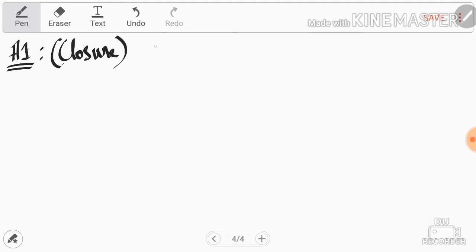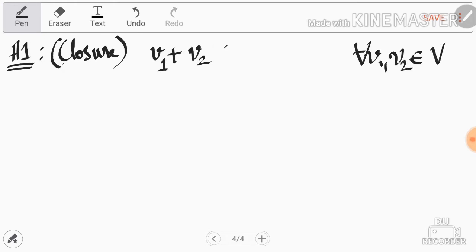This simply means that whenever you take any two elements, say v1 and v2, from the set V, the addition of these two elements should also belong to the set V. I say elements because they are not yet eligible to be called vectors. The sum of these two elements should also belong to the set V.